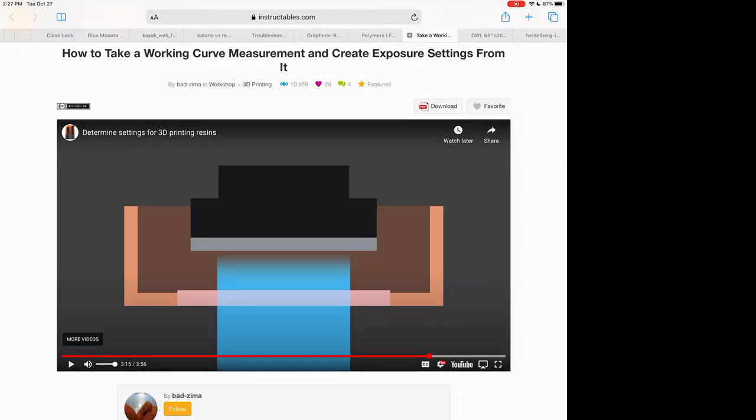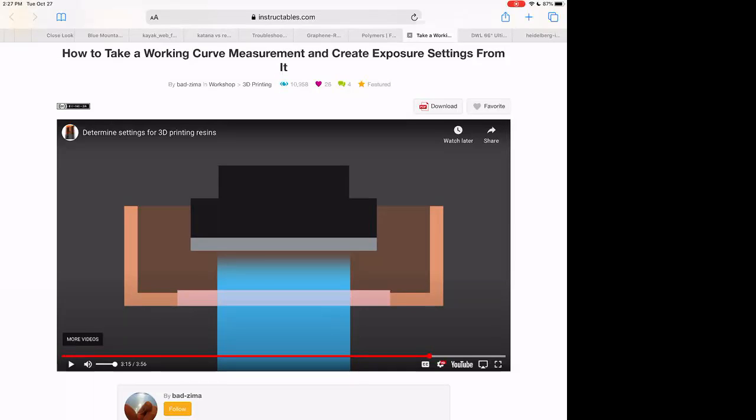And so you won't get any photons that are just causing a little bit of polymerization. Basically, the absorbers shut off the lowest parts of the gradient, or the least intense parts of the gradients.